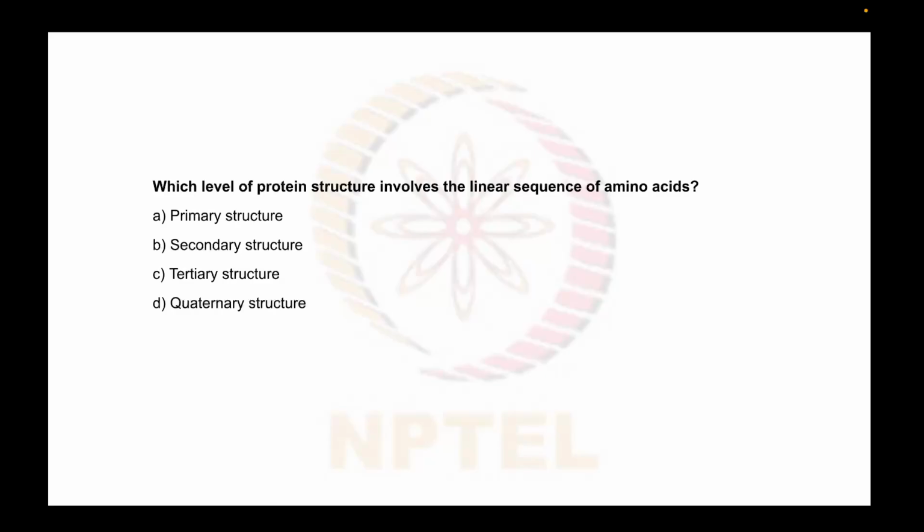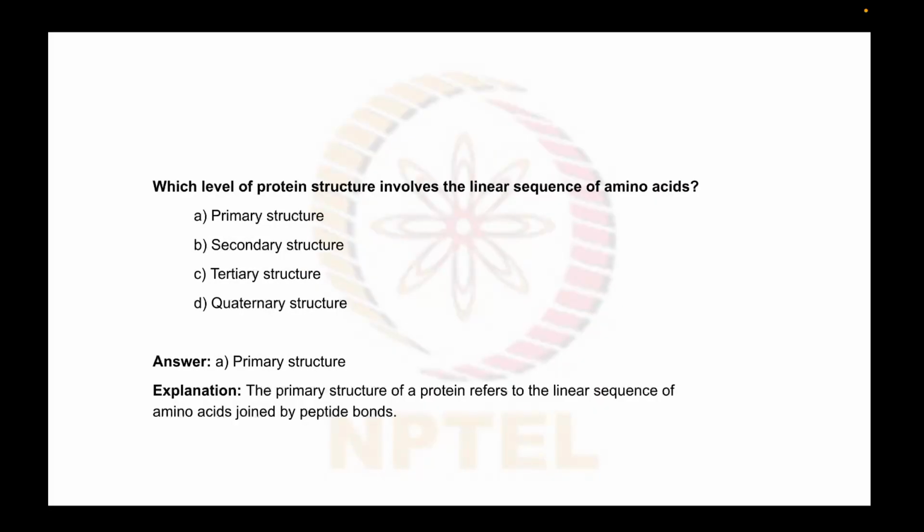Okay, so moving forward, primary structure is the linear sequence of amino acids. Primary structure of a protein refers to the linear sequence of amino acids joined by peptide bonds. Even in previous classes, we have considered how to calculate the molecular weight of a given peptide sequence.